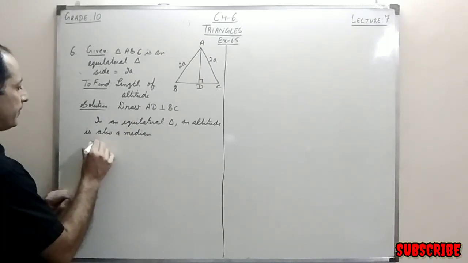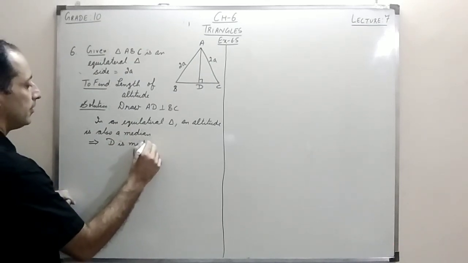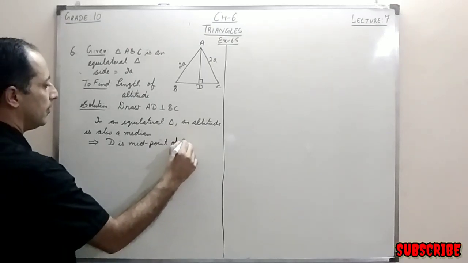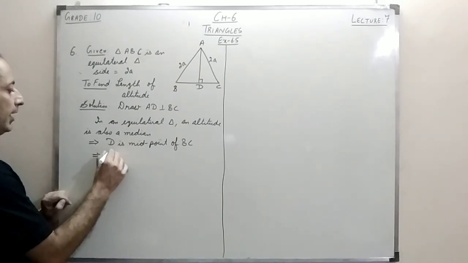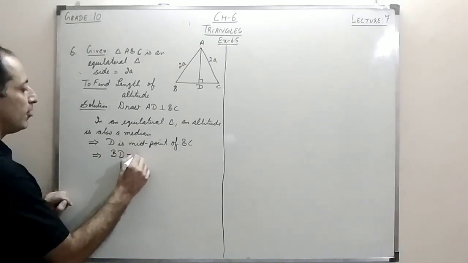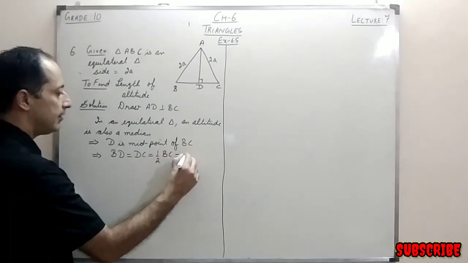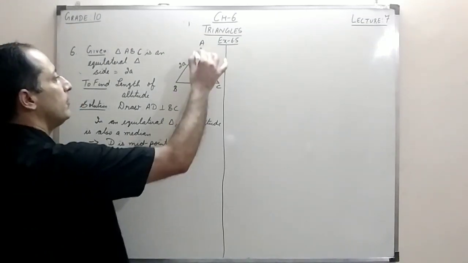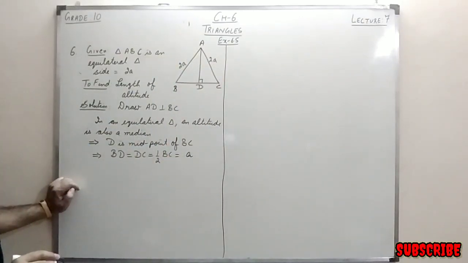This means D is the midpoint of BC. So then we can find the length of BD. We can write BD is equal to DC is equal to half of BC, and that is a. Now to find the length of this altitude, we can apply Pythagoras theorem in triangle ABD.